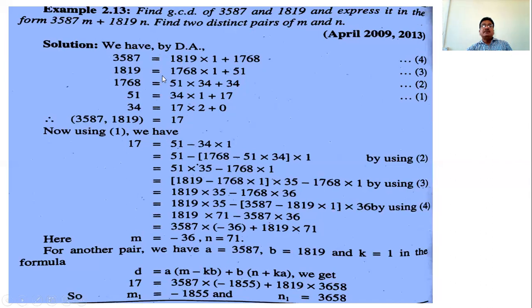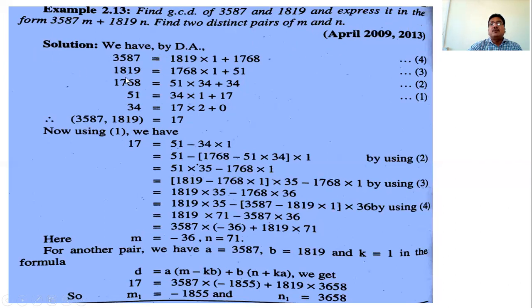This is a very simple procedure to find the greatest common divisor, called the greatest common divisor using the Euclidean algorithm. Then we have to express this 17.